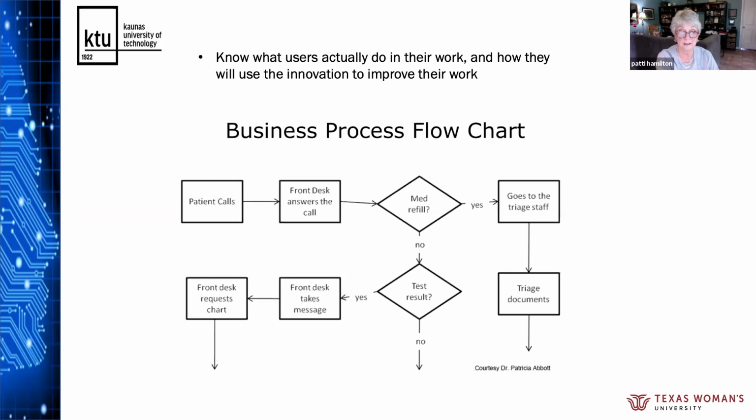And then you have to take a message and request the information from whatever source, electronic or paper, you have. But let's say that they did want a refill. Then you go to the triage staff, and the triage has to go to documents. So you get some sense of how many people are involved, what they have to do when someone requests information, for example. And now you need to know how whatever your innovation is electronically, how that's going to improve that work.